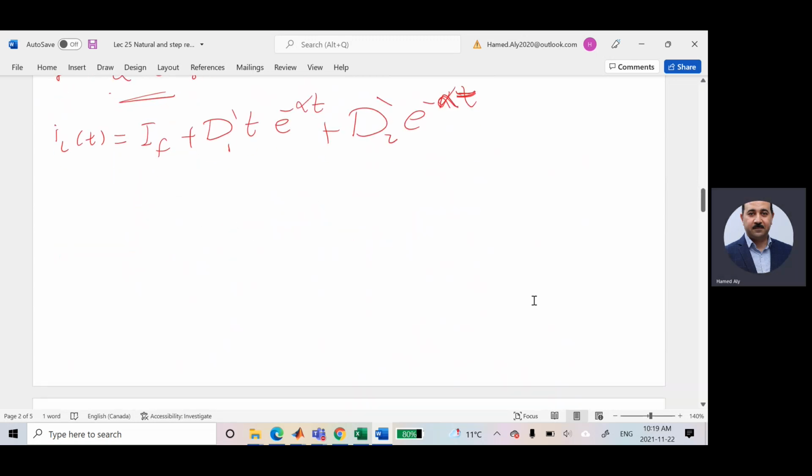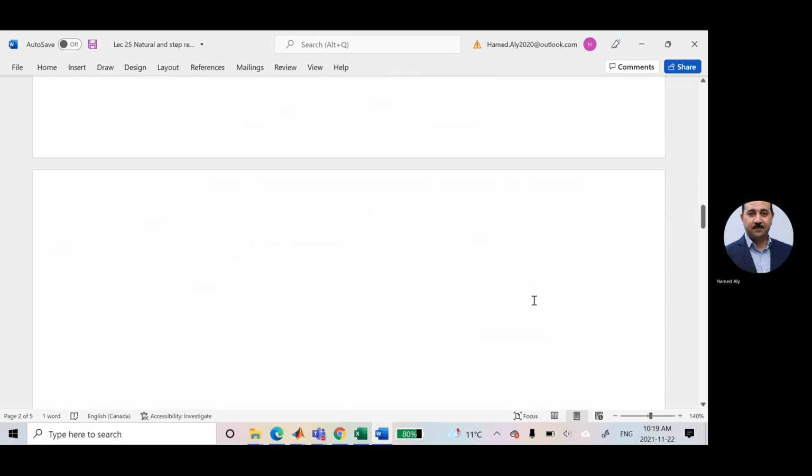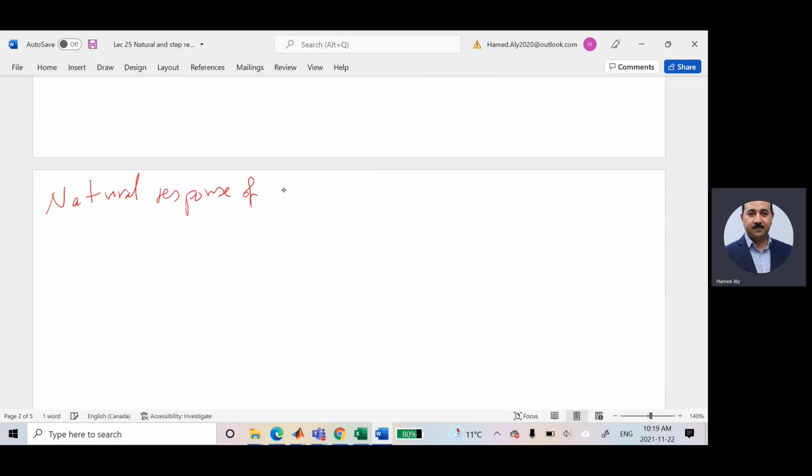Similar cases. So now we are going to talk about the natural response of series RLC. As a conclusion, the circuit will look like that.